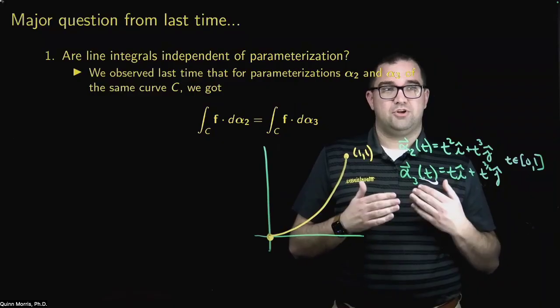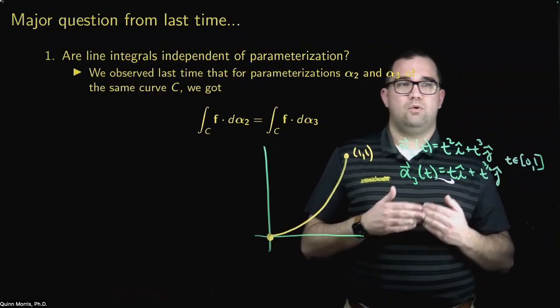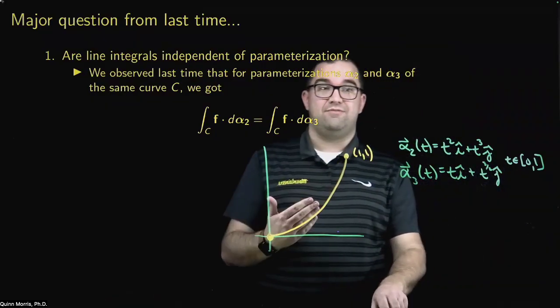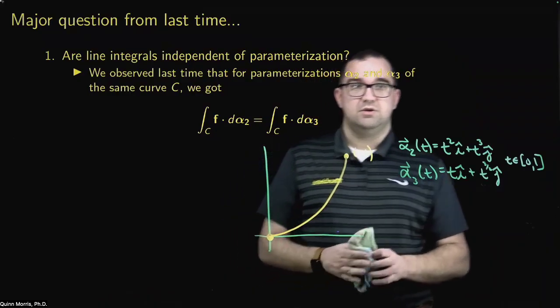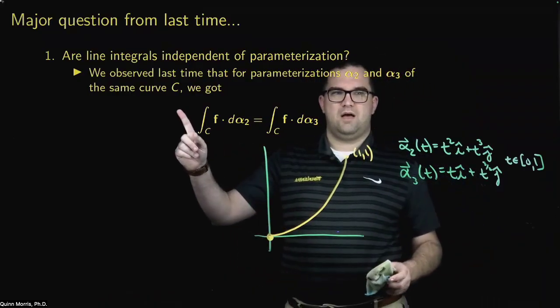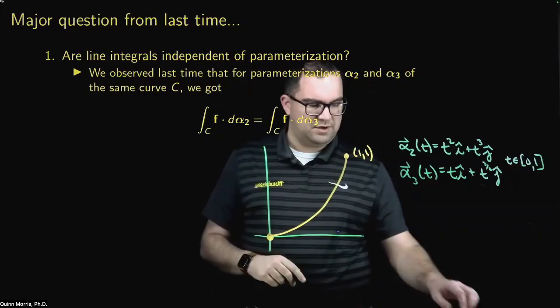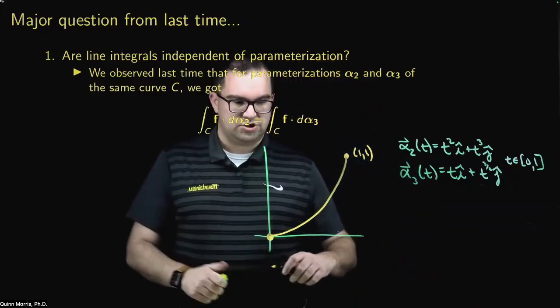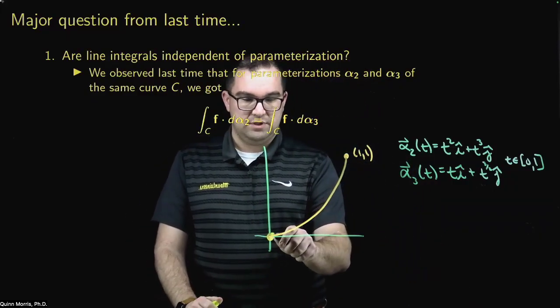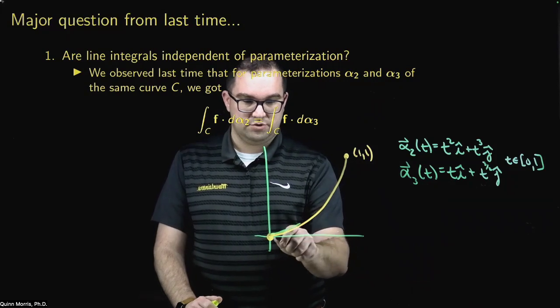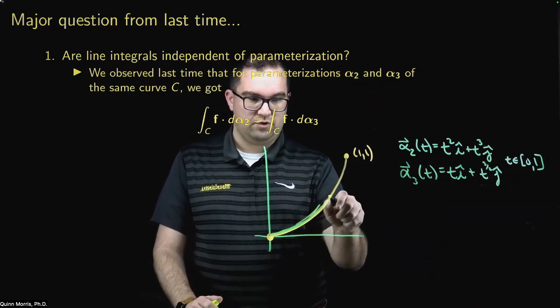So the first thing we have to do is actually define what we mean by two equivalent parameterizations, right? So it's probably not going to be enough just that they give us the same graph, because you can imagine a parameterization which gives you this graph, but say wanders back and forth a lot. It re-overlaps itself.